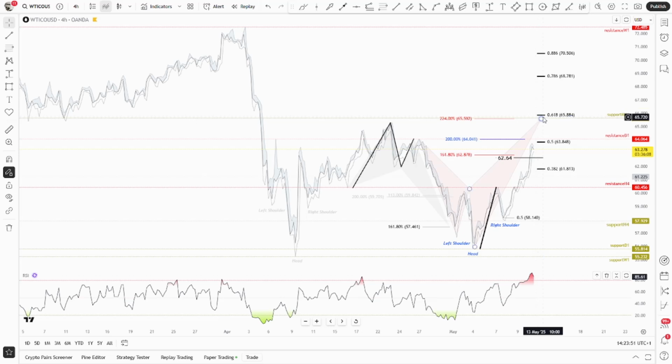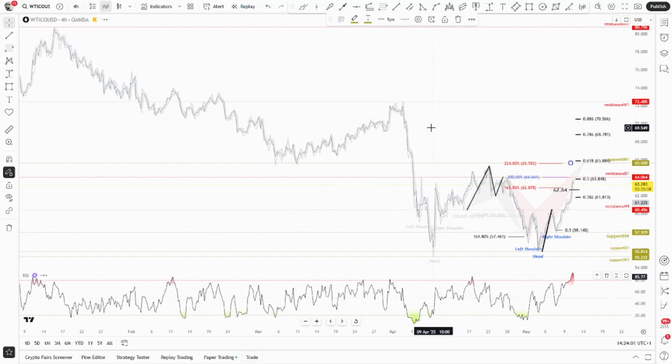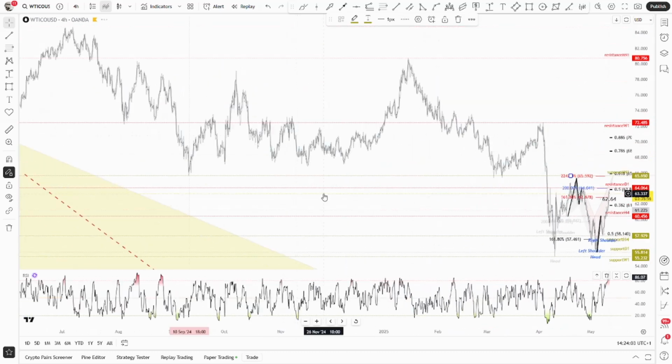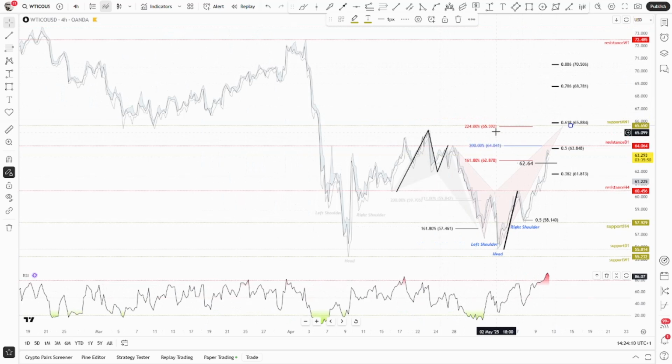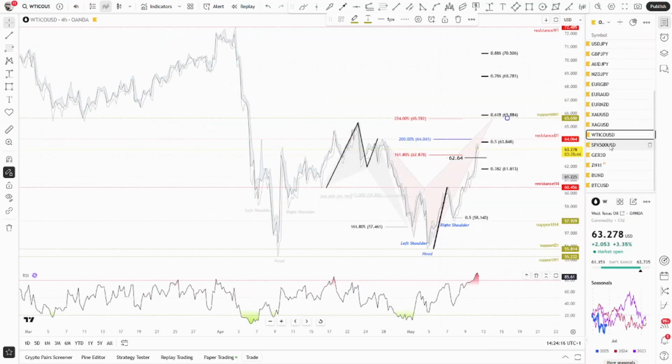And patterns to consider: the bearish shark pattern, this one projected a few points above at 65.60 or 65.65 if you wish to consider the retest of this previous monthly fractal support level, also from September on crude oil. Bearish shark pattern, 224% Fibonacci extension level on crude.